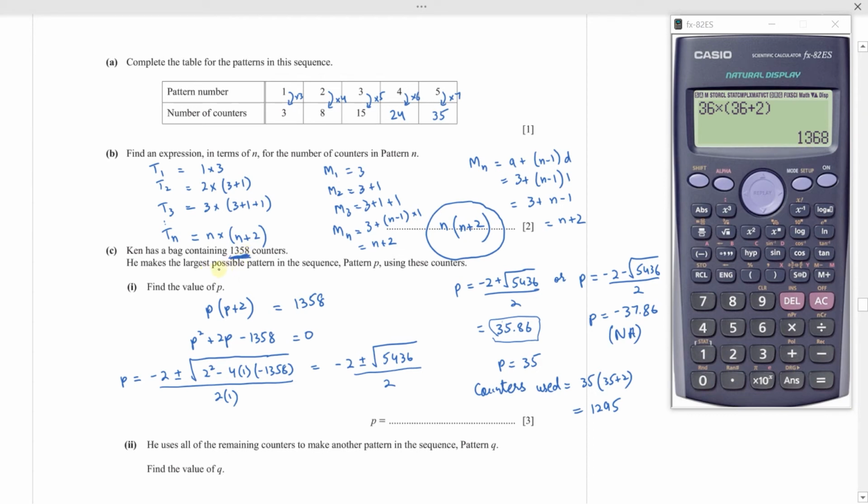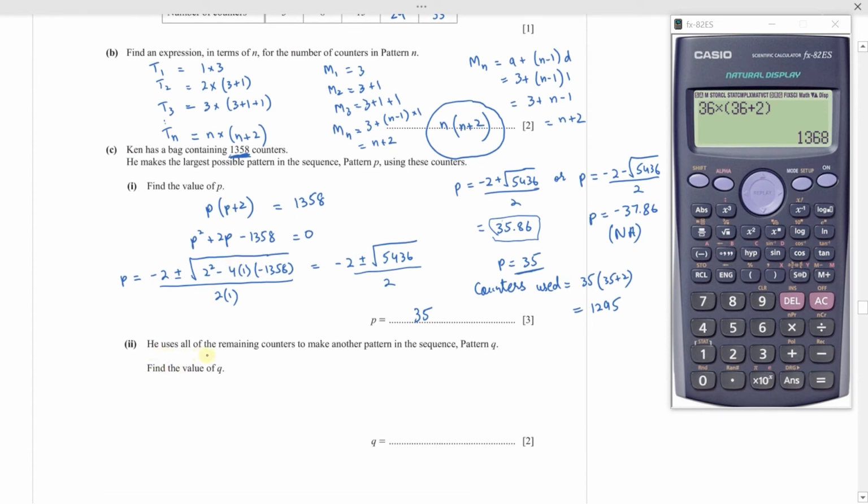He makes use of the largest possible pattern in the sequence. So the largest possible pattern is 35 here, in which he will use 1295, and the remaining will be left. If he tries to make pattern number 36, he will need 1368 counters, but he only has 1358. So you round the value of P down to 35, and Ken will have some counters remaining.